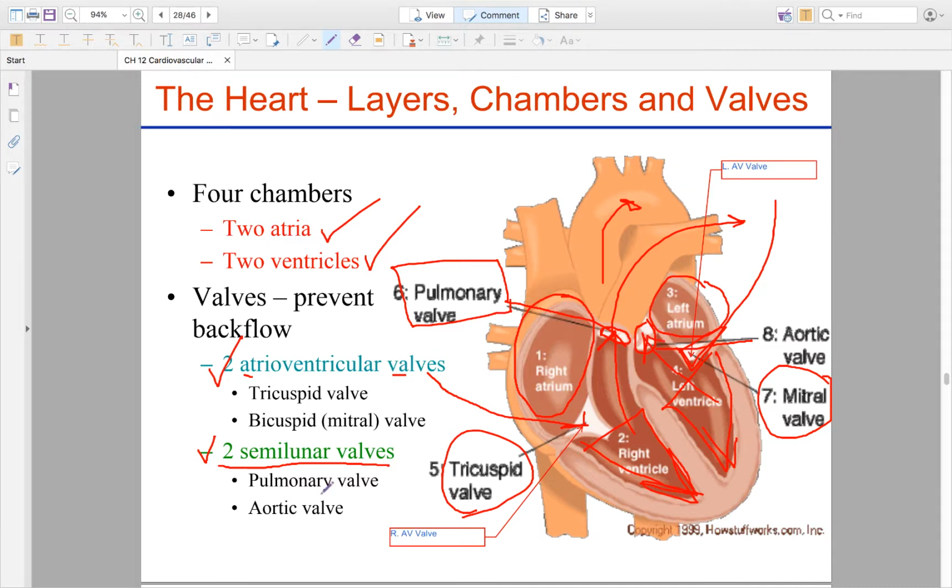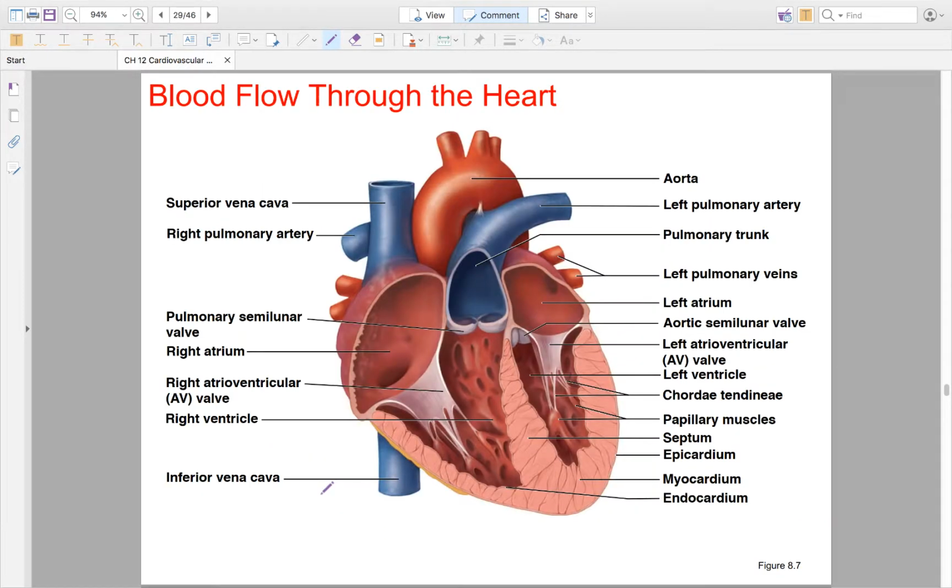All right, very good. Now, it's important to learn the anatomy completely before moving on because in this class and in your anatomy classes, you're going to have to know every part of the heart that we discuss.